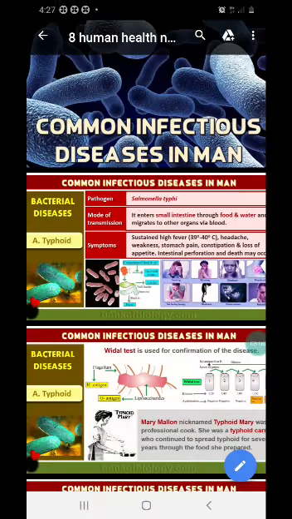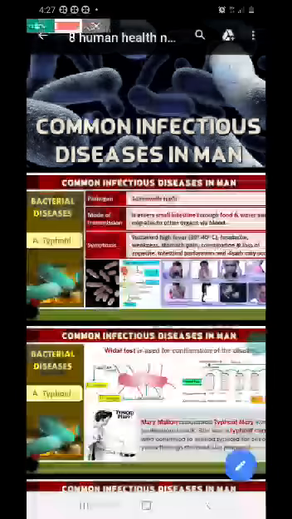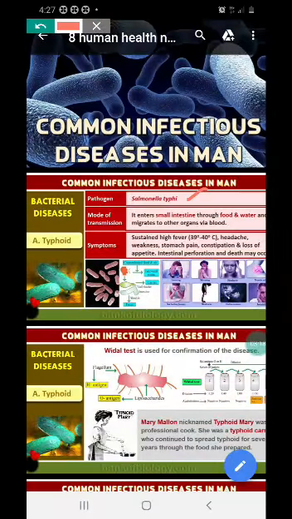Now we'll see some common diseases which affect human beings. The first of this kind is typhoid. Who causes typhoid? It's caused by a bacterium called Salmonella typhi. Who's the pathogen, children? Salmonella typhi, which is a bacterium.